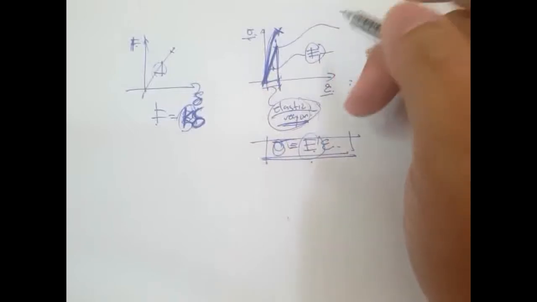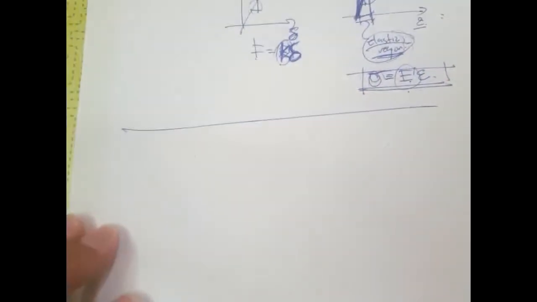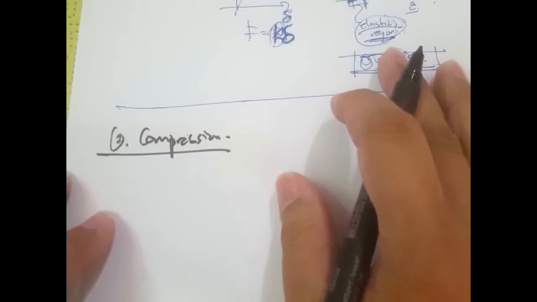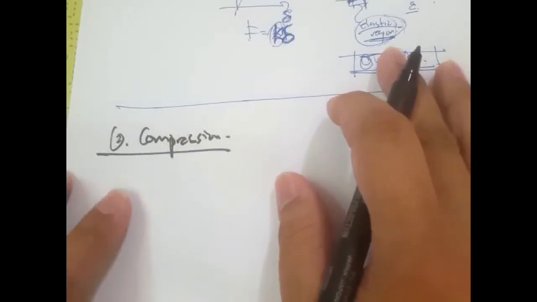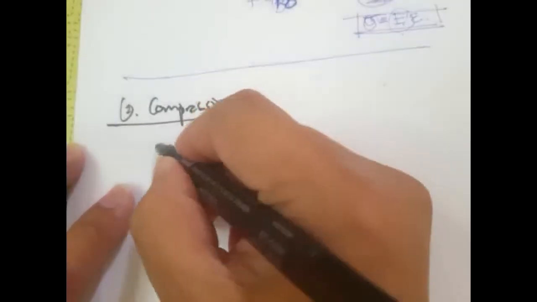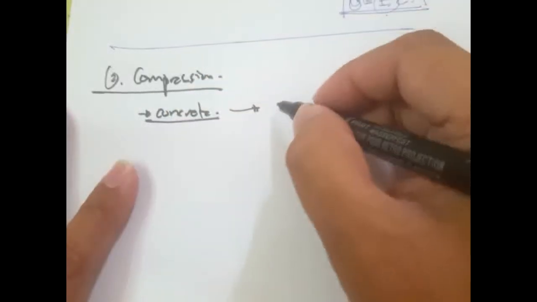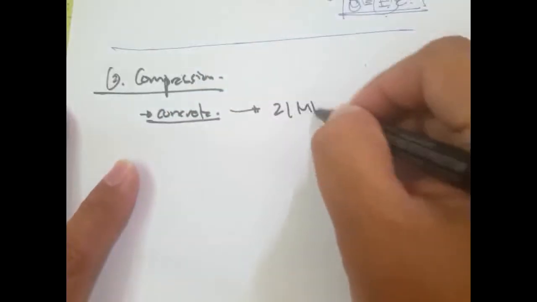What else? Let's move on now to the compression test. This is usually done for brittle materials, like for example concrete. Concrete has more strength in compression than in tension. For example, the compressive strength of concrete is 21 megapascals.